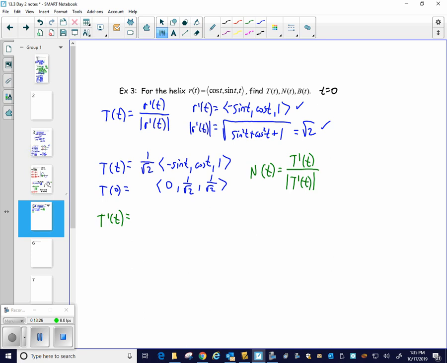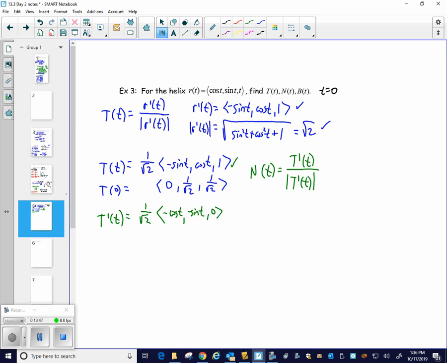Well, we just found T of t right here, so now we need its derivative. So 1 over root 2 stays, it's just like a coefficient. Then we take the derivative of each piece. So the derivative of negative sine is negative cosine t. Derivative of cosine is negative sine t. Derivative of 1 is 0.